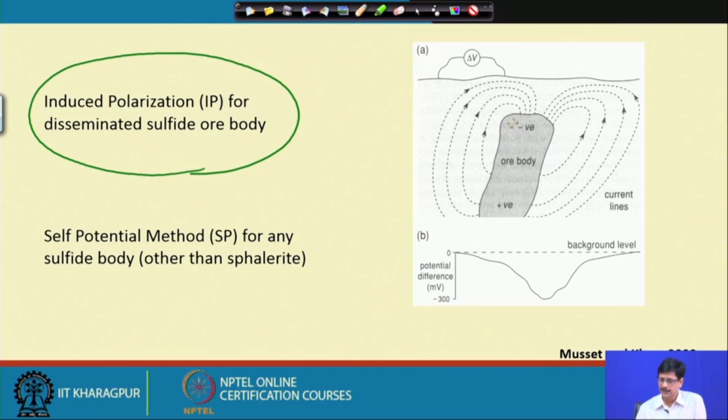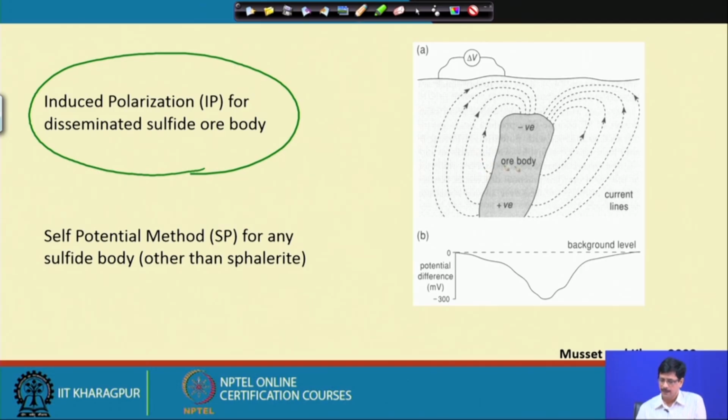But in situations where we have an ore body that is concentrated, like a vein, or even a massive sulphide vein where the concentration of ore minerals is high, we use the self potential method. In this method, no current is sent into the surface.